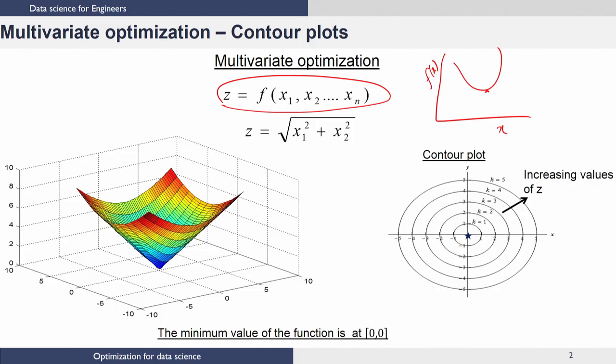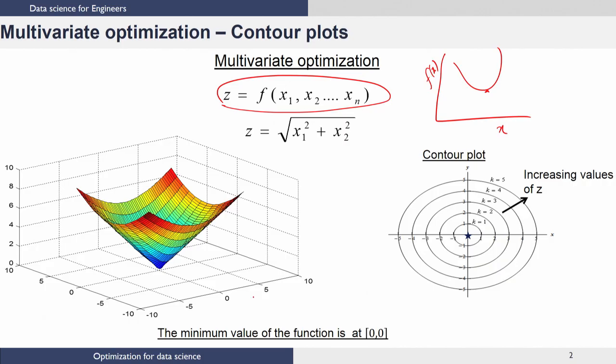So, what we are going to do is explain some of the main ideas in multivariate optimization through pictures such as the one that I have shown on the left side of the slide. And as I mentioned before, even for cases where there are two decision variables, we need to go to 3 dimensions.